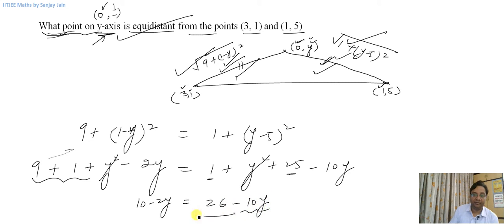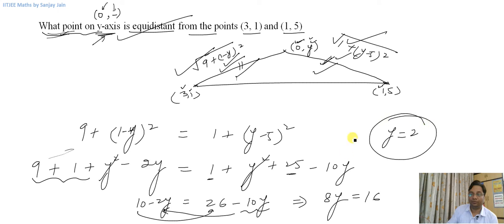If I bring this 10y on the left hand side, it will be 10y minus 2y, that is 8y, and if I bring this 10 on the right hand side, 26 minus 10 will give me 16, hence 8y equal to 16, which will give me y equals 2, right? So the point that we are looking for has got coordinates 0 comma 2, right? Because this is a point which lies on y-axis, hence it has got x coordinate as 0. Y coordinate we have found by applying the distance formula.